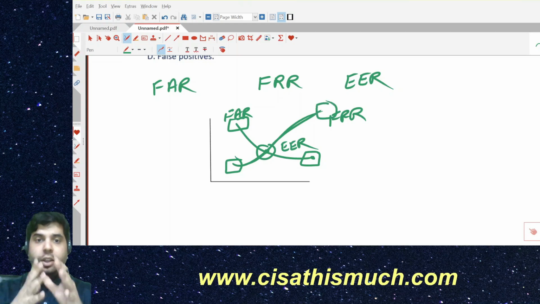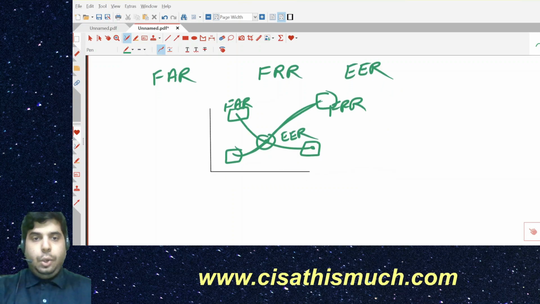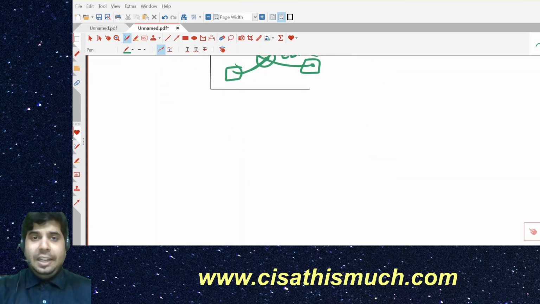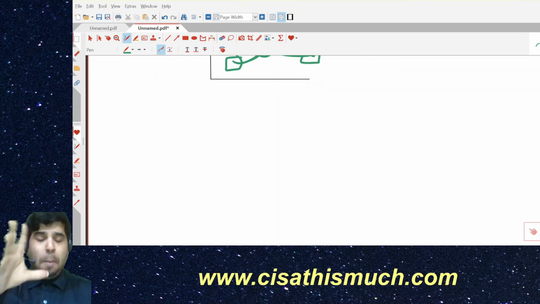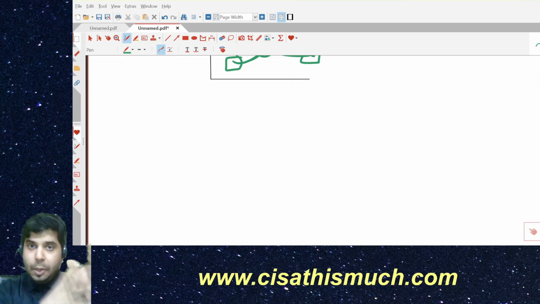This is the inverse relationship, and in between there is the equal error rate. Don't worry, our main intention is to discuss that particular question, and this background is required for you to understand it.